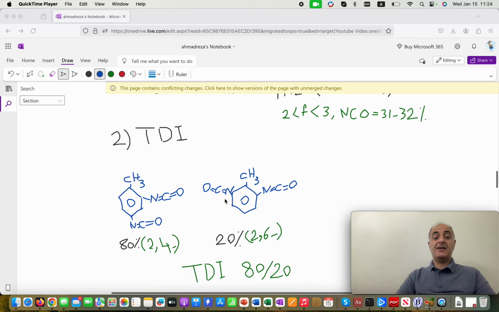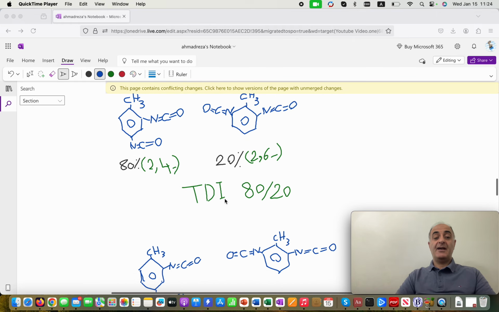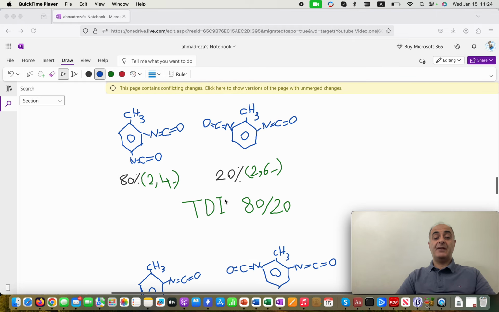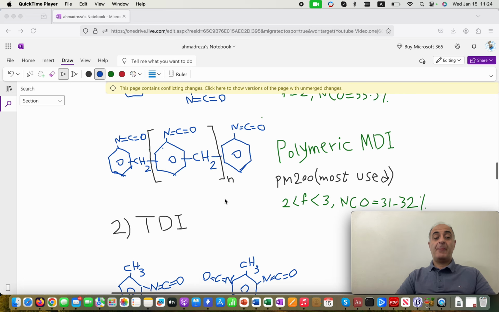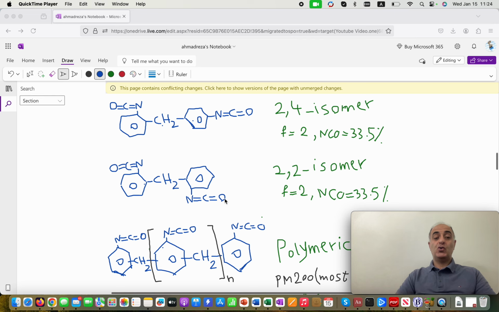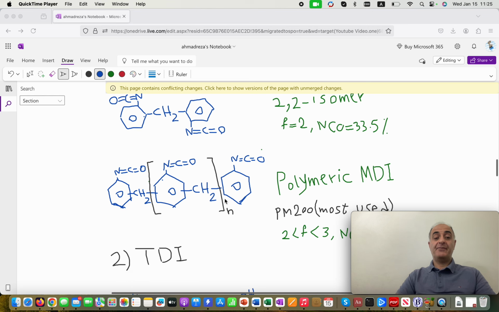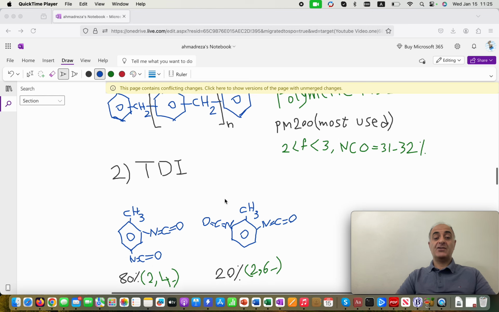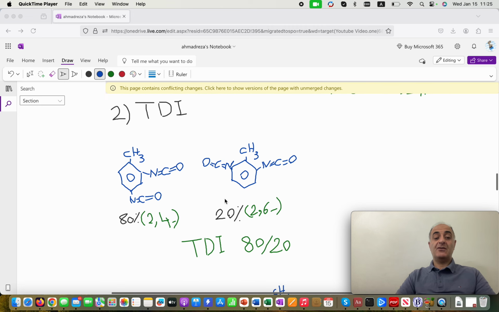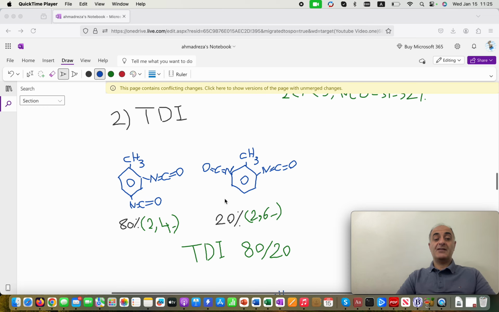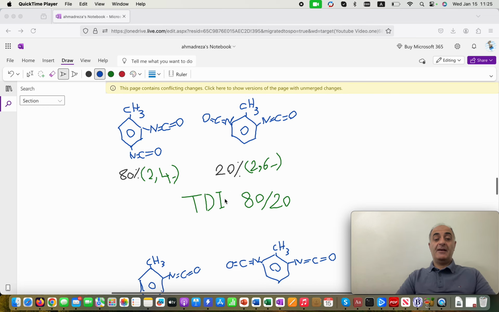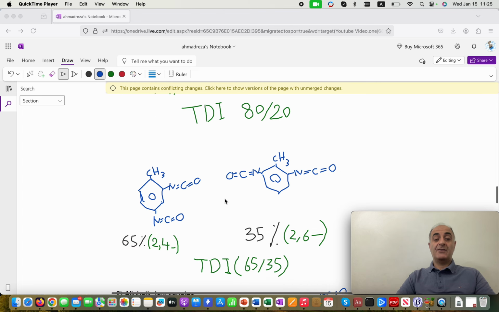The difference between MDI and TDI, as we can see in the molecular structure, is that MDI has two or more benzene rings or aromatic rings in the structure, but TDI has just one aromatic ring. So it means that the product produced with MDI will have more hardness than TDI in the final product.